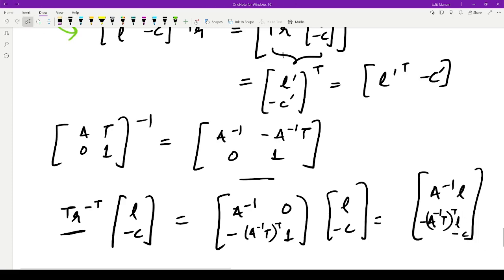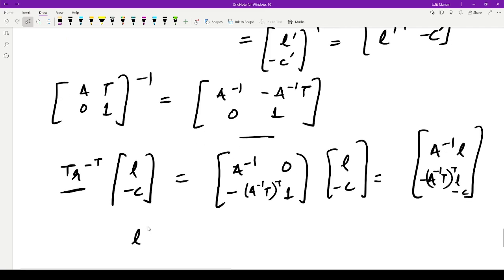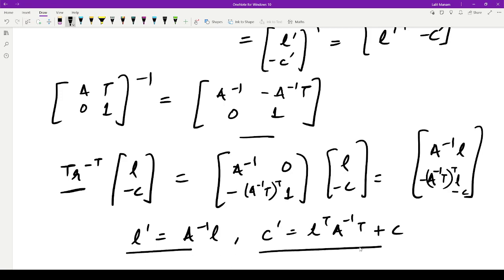Do you agree? So this will be a scalar. The upper one is a vector. So what I now say is that let us define L prime as A inverse L and C prime as, I'll just simplify this, L transpose A inverse t plus C. So can I write it like this?